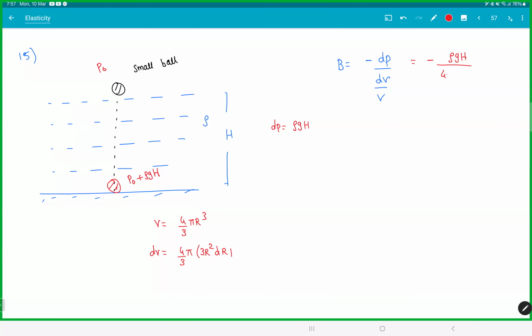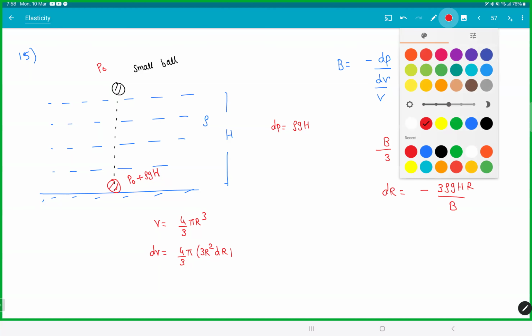So dv will be 4 pi r square dr. And this thing is 4 by 3 pi r cube. So this will be bulk modulus by 3. 4 by r square will go off. You end up with dr by r is equal to minus rho gh. So we get dr is equal to minus 3 rho gh r by bulk modulus. Done. The minus indicates it has got compressed.